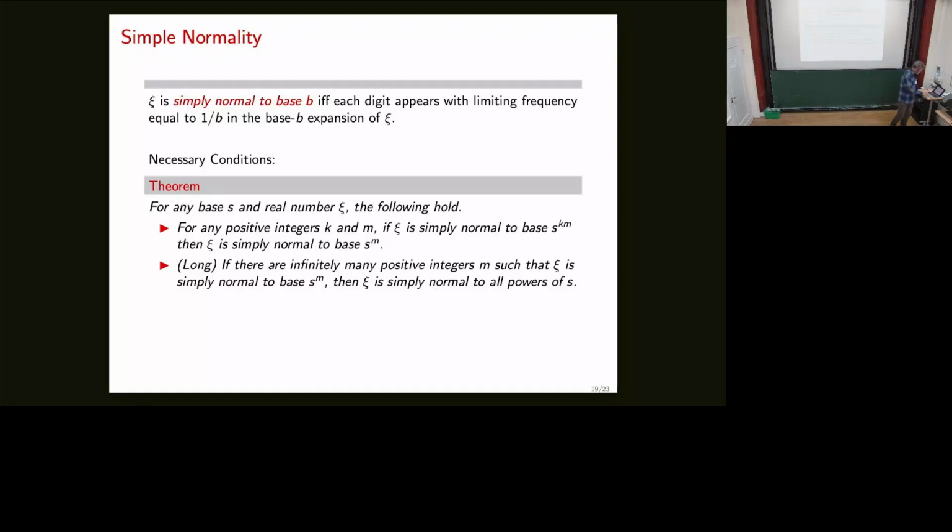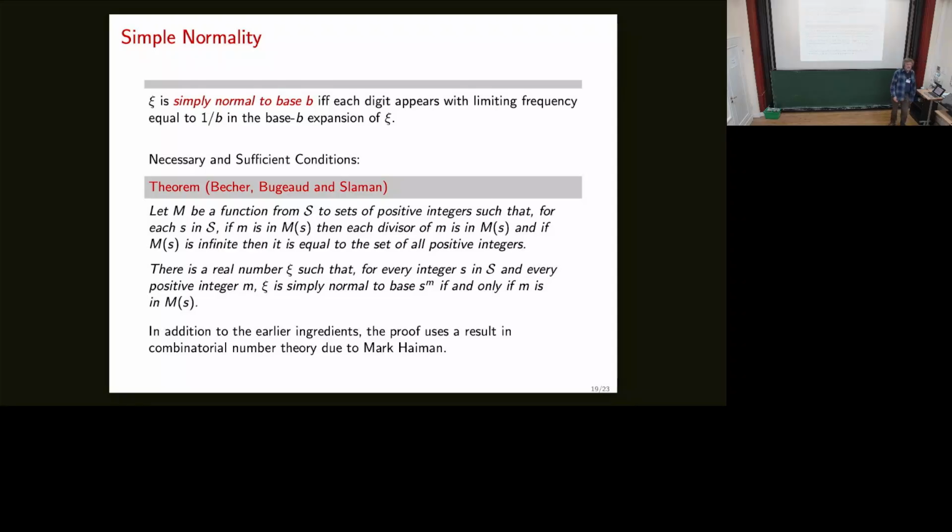And here's the theorem. Those conditions that I just mentioned are necessary and they're sufficient. So let M be a function telling you, for each of the multiplicatively independent bases, to which powers of s you want to be normal.